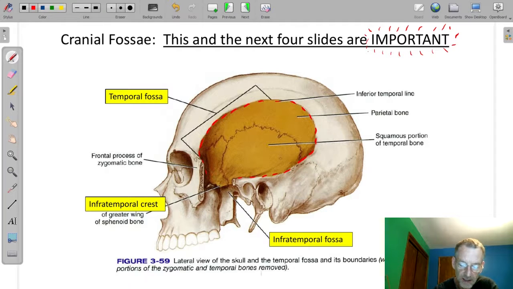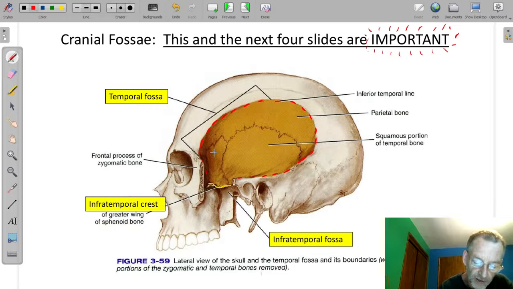And the temporal bone and the parietal bone make that up. And then we have this infratemporal crest, and this is a landmark. It's at the bottom, and it's a ridge. It's part of the sphenoid.